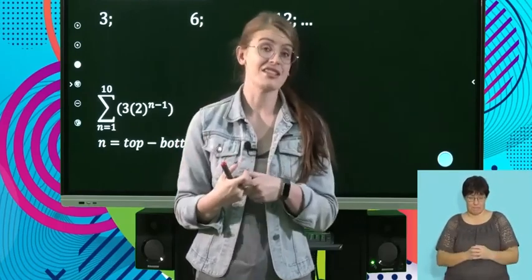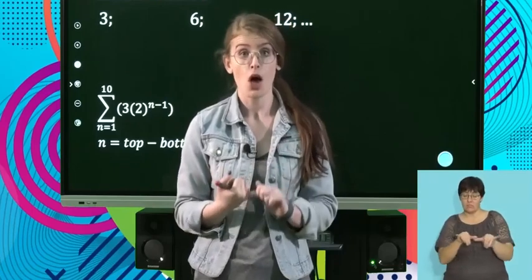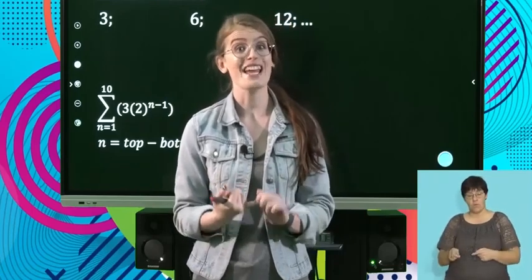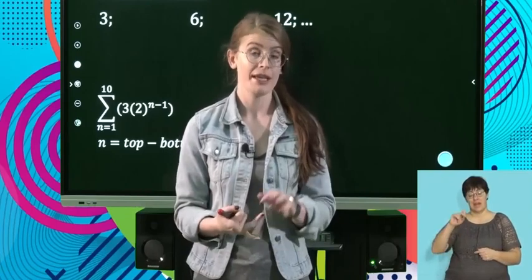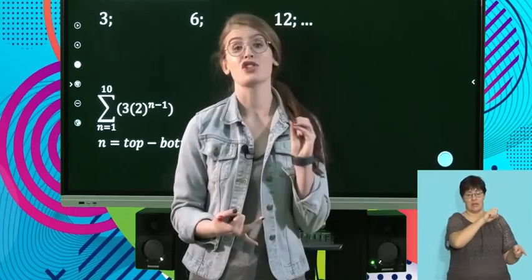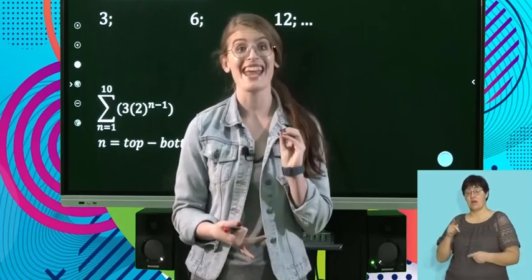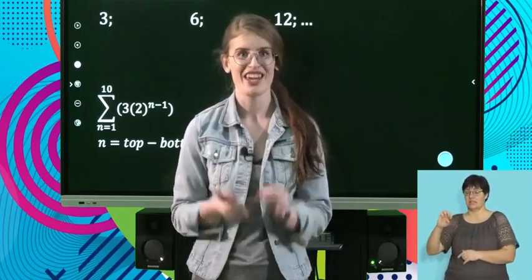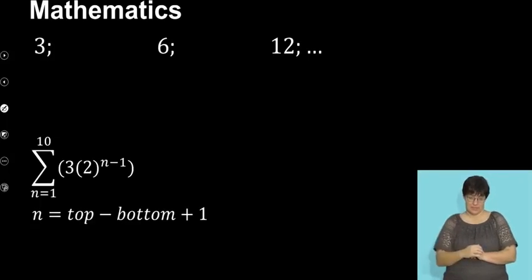We're going to look out to see if there is a common difference or if there is a common ratio. If there is a common difference, I know that it's an arithmetic series. If there is a common ratio, I know it is a geometric series. Great, let's go back to the board.